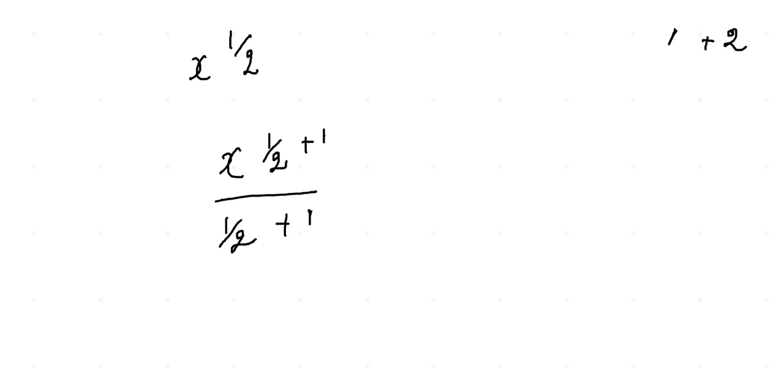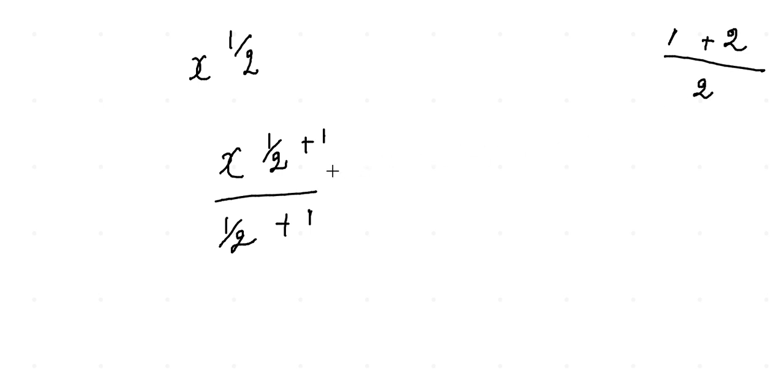We blindly follow the same exact formula, okay? That is equal to x to the power of half plus 1, correct? Divided by half plus 1, right? Now, you just need to know your basic algebra or arithmetic in this case. So, half plus 1 is 1 plus 2 divided by 2, correct?